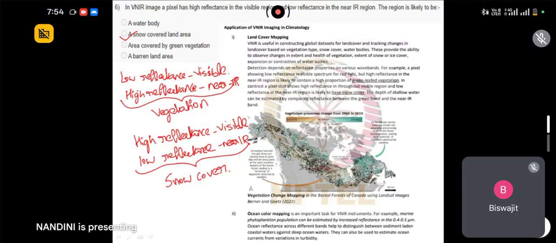So in case of barren land, it will have high reflectance in both visible and near IR. And in case of water, low reflectance in visible, whereas nearly zero reflectance in near infrared.